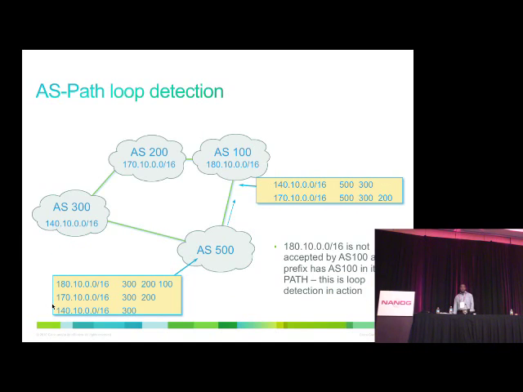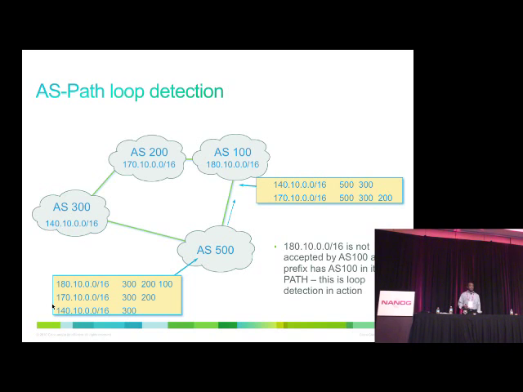So the basic principle in loop detection is if a router receives an update that contains its own autonomous system number in the AS path, then it is considered a loop and the update will be dropped.